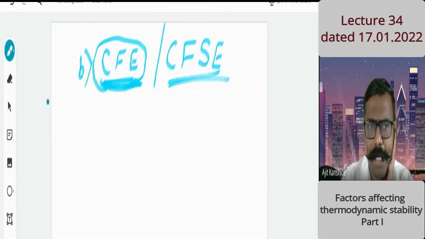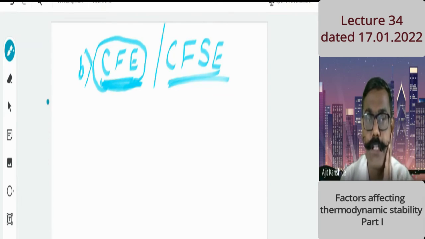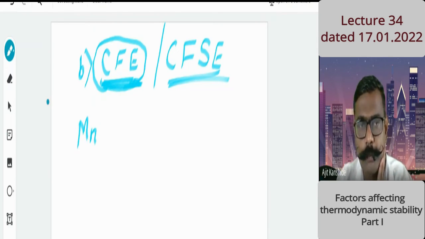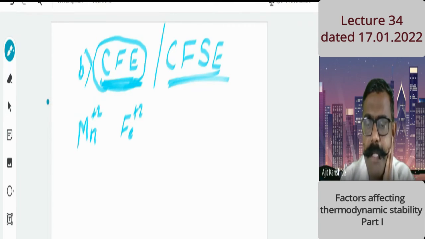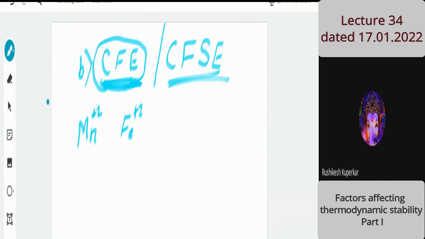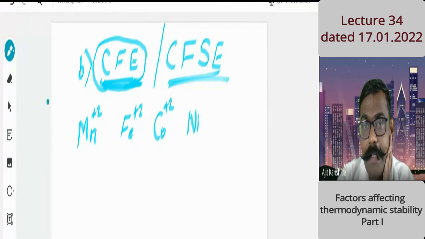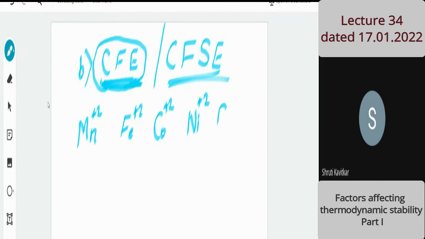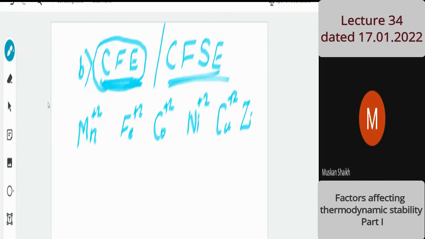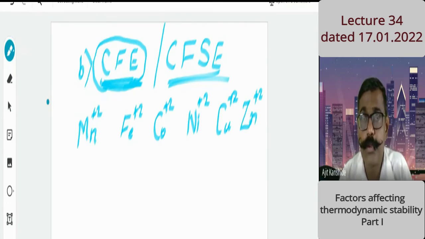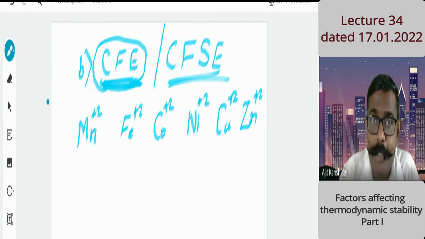It is found that in the second half of the first transition series, if I start from manganese, Mn plus 2, the next element is Fe plus 2, next is cobalt, Co plus 2, next nickel, Ni plus 2, next copper, Cu plus 2, next zinc, Zn plus 2.